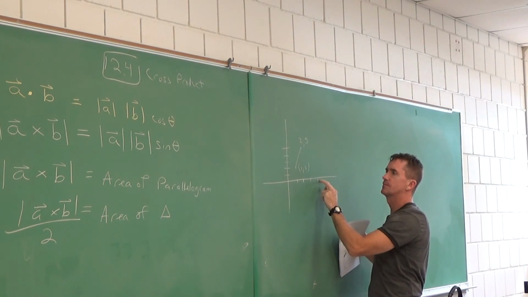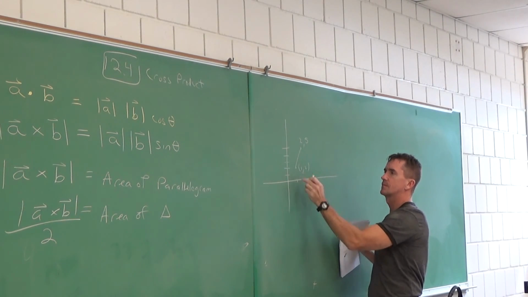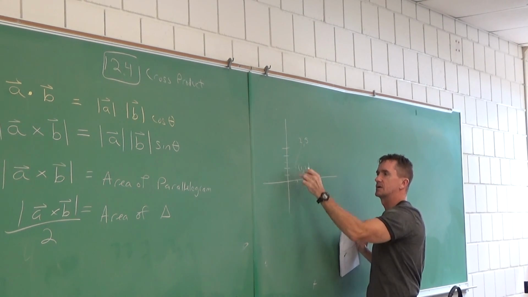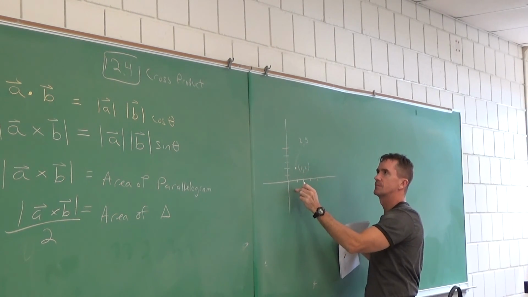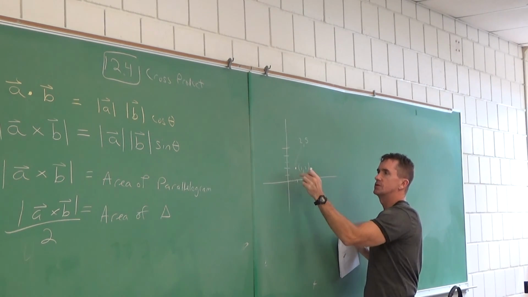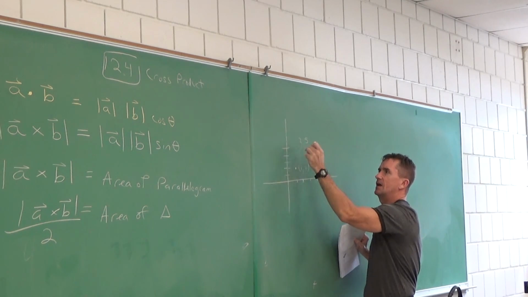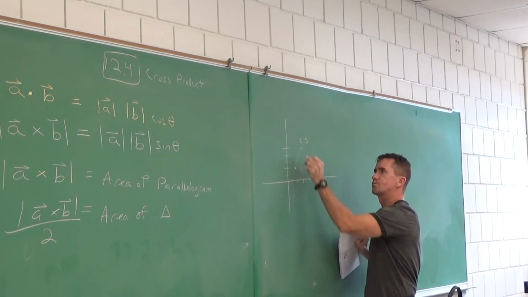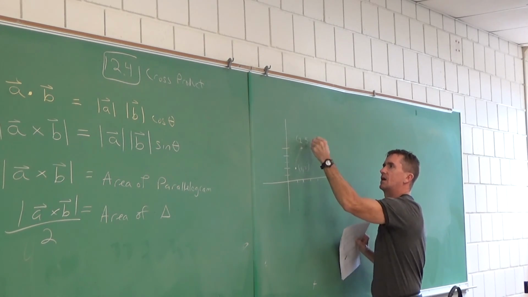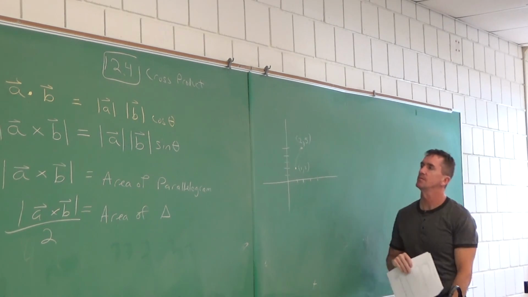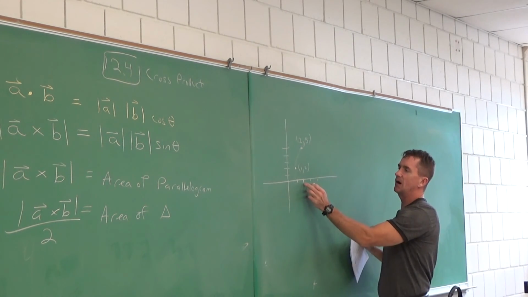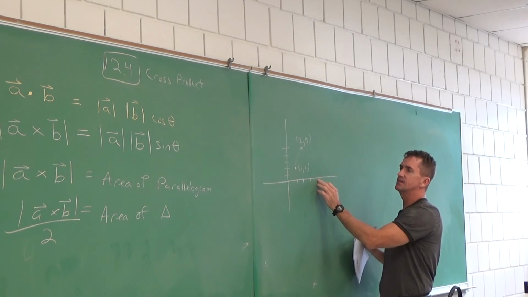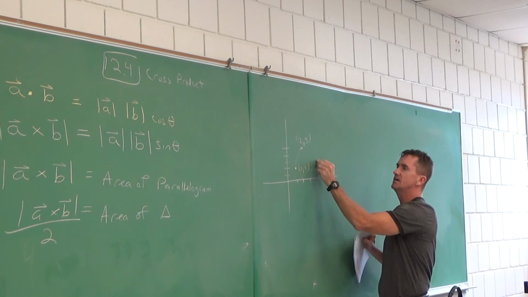Let me make a better picture of that, I apologize. 1, 2, 1, 2, 3, 4, 5. Right there. I just want to do an area of a parallelogram. 1, 2, comma 2, comma 5. All right. Now I got a point over here. This is 4, comma 3.